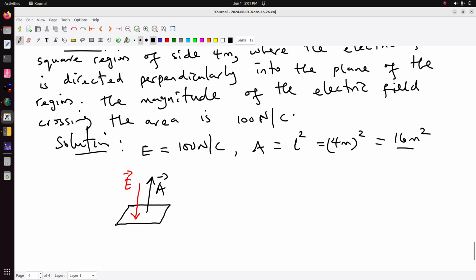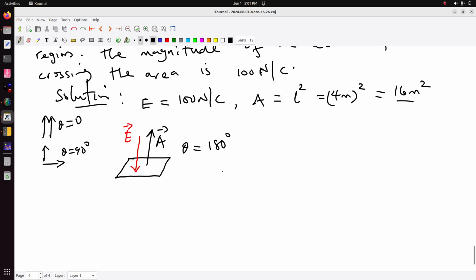If you look at these two cases, what is the angle between the electric field vector and the area vector? Can you guess? It is not 0. If they were moving in the same direction, then the angle would be 0. If one is like this and the other is like this, the angle is 90 degrees, but in this case one is going up and the other is coming downward, so the angle here is 180 degrees.